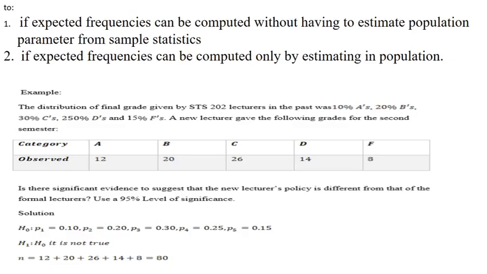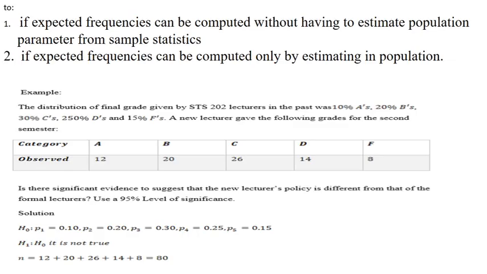Example: the distribution of final grades given by the STS202 lecturer in the past was 10% A's, 20% B's, 30% C's, 25% D's.